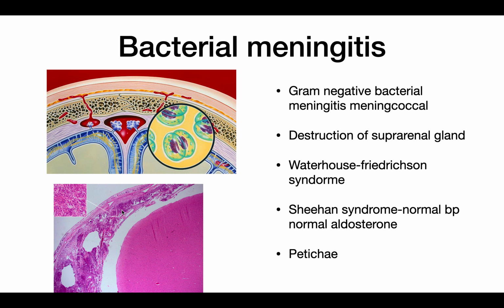And in this picture, as you can see here, there's all this hyperplasia, and more importantly, there's a lot of stuff here in the subarachnoid space. This should be clear, this should not be so infiltrated.